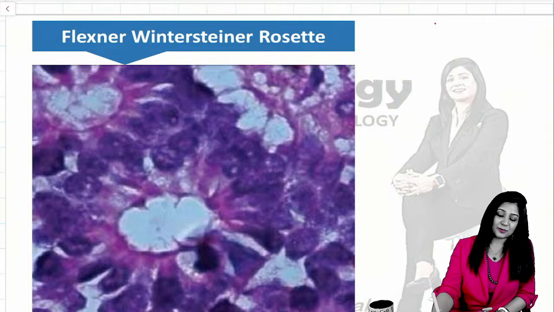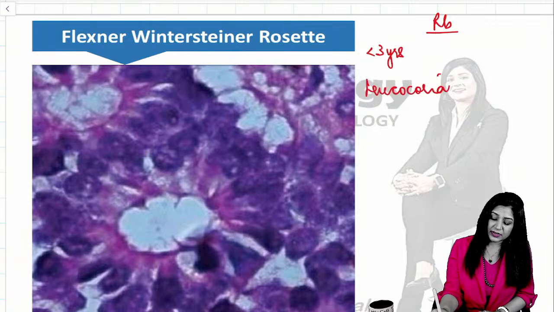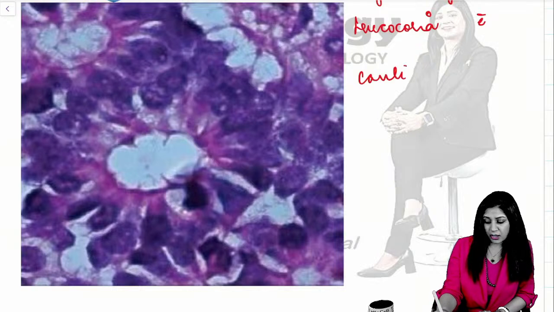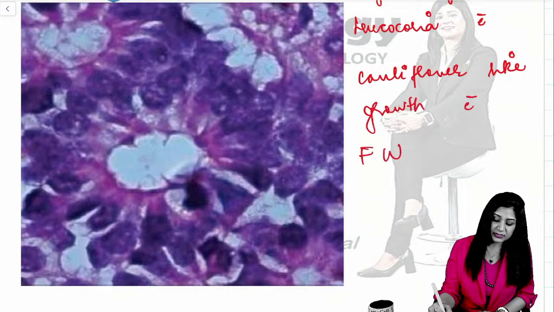The retinoblastoma, a very, very typical question: less than 3 years with leukocoria. A baby less than 3 years is coming with leukocoria with typical cauliflower-like growth, and typically with the Flexner Wintersteiner rosette.